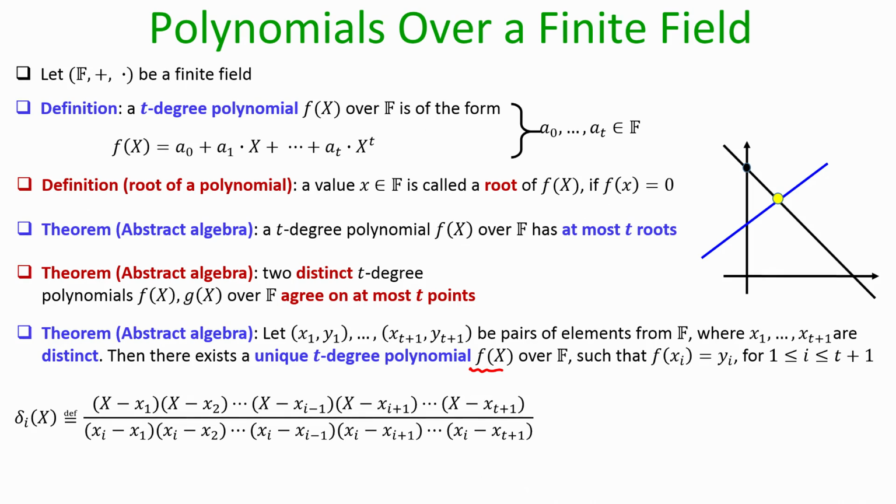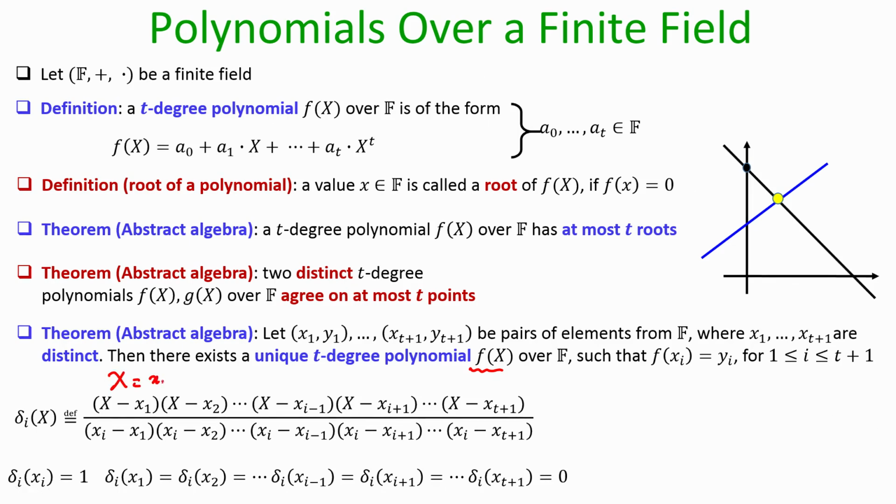And the way I have defined this delta_i of x polynomial ensures that delta_i of x_i is equal to 1, because if I substitute big X equal to little x_i, then numerator and denominator become the same. On the other hand, for every value of x_j different from x_i, this polynomial delta_i of x_j becomes 0.